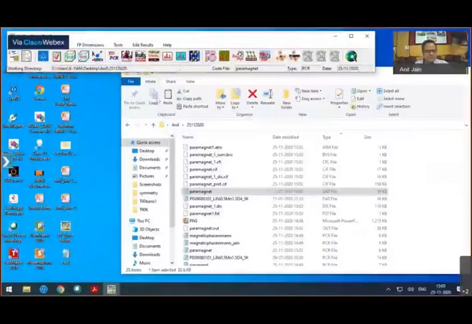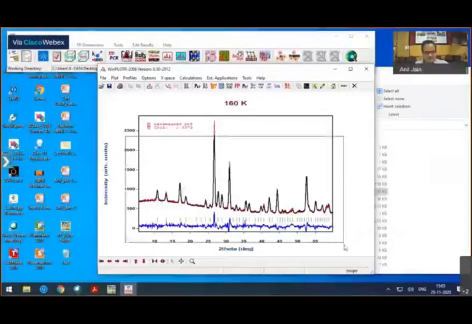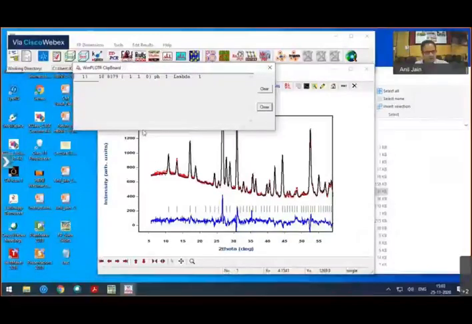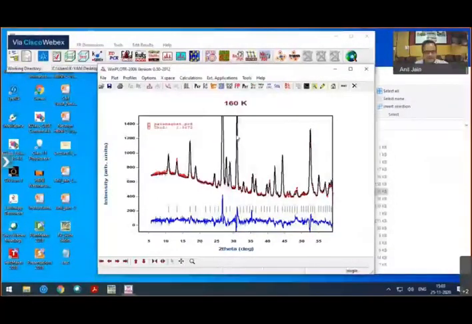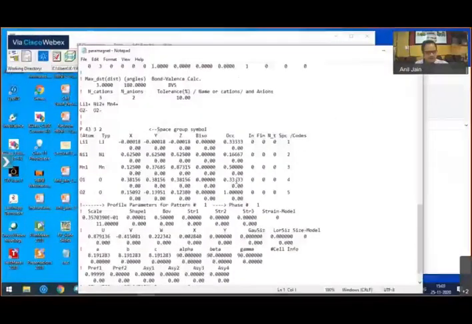When you see the marker, it is only showing one marker corresponding to phase number 1. It means it is the nuclear phase only, and this is the same sample on which we were working.